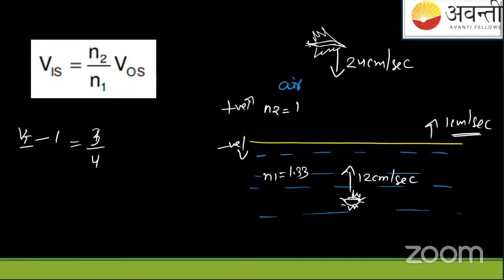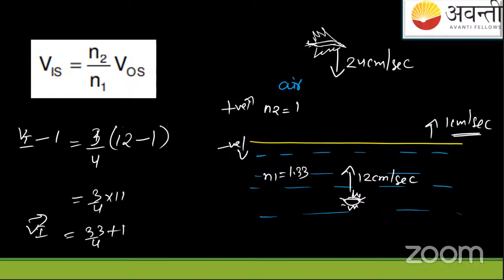Velocity of object is how much? The object is moving above at 12 centimeters per second, minus 1, fine, because it's positive. This is the object basically. So this will give you 12 minus 1, which is 33 by 4, plus 1 will give you the velocity of image.